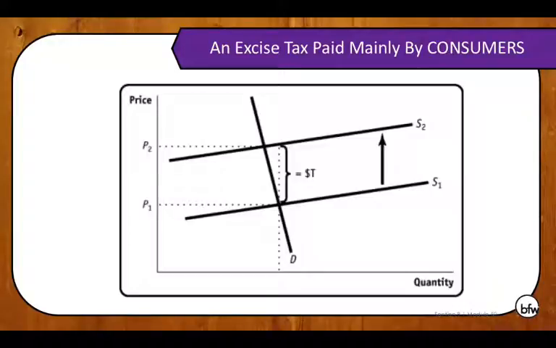And it's nearly the entire amount of T dollars higher than the original price of P1. So if the demand curve is relatively inelastic, or closer to being vertical, and the supply curve is relatively elastic, or closer to being horizontal, the buyers will pay the larger share of the excise tax.